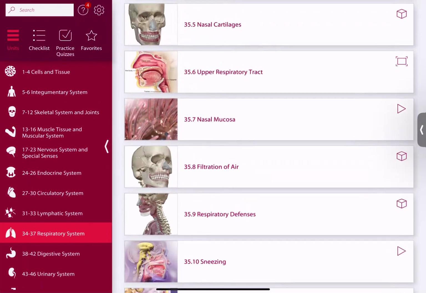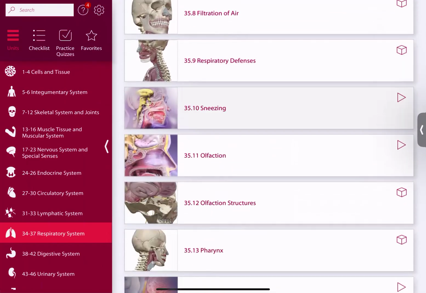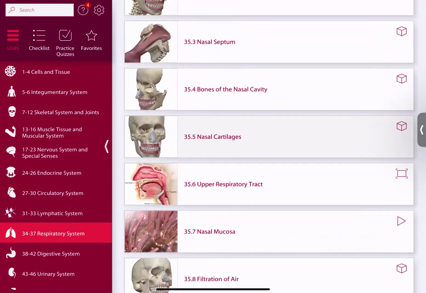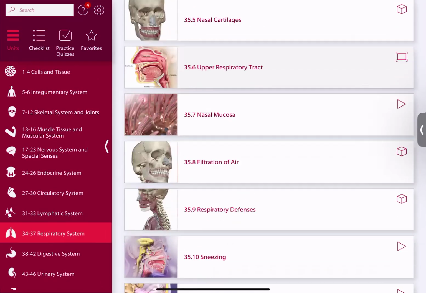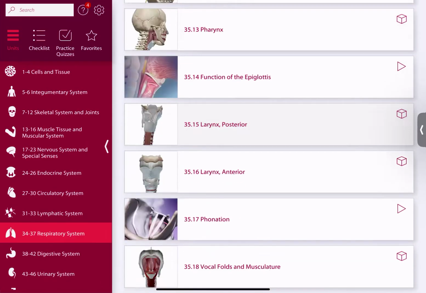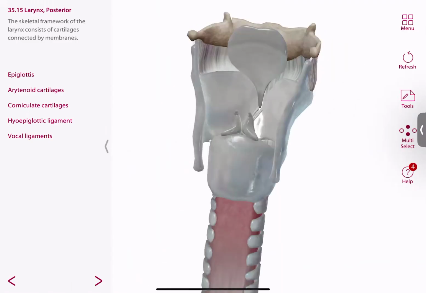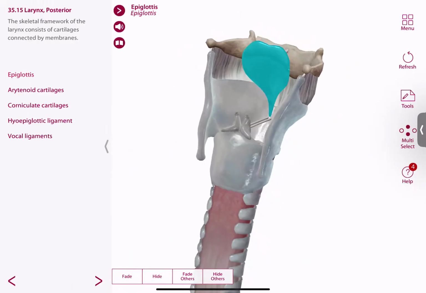Now, the next part is the larynx. You can see here, this is the epiglottis.